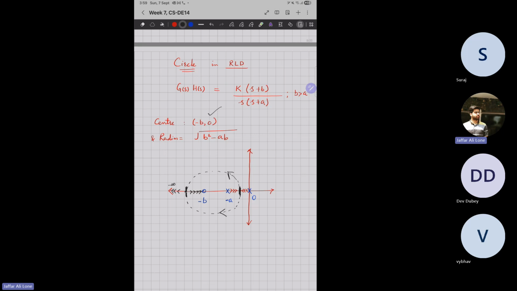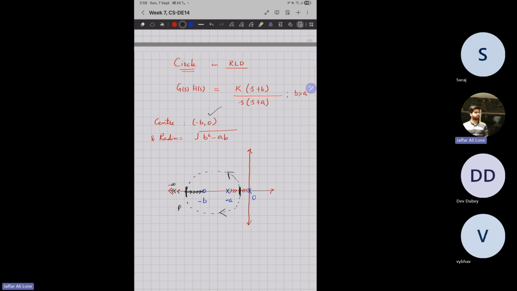The center will be the midpoint of the break-in and breakaway points. And when you know the center, the distance from the center to the break-in or breakaway point is the radius.